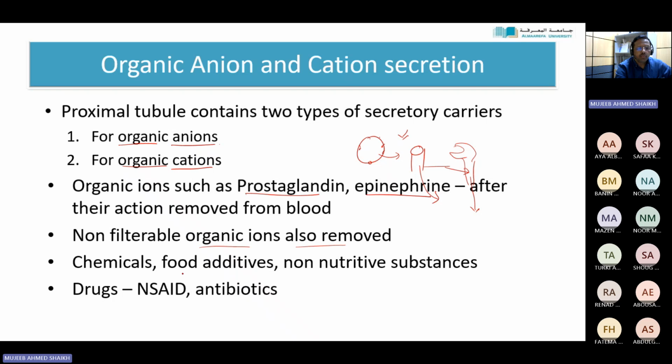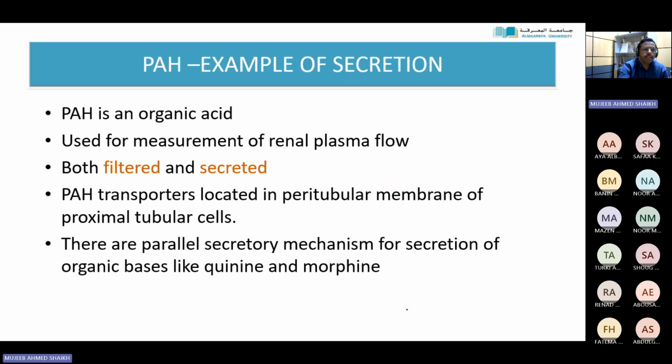Some food additives, some non-nutritive substances, and also drugs are removed from the body by secretion. After the drugs' actions are over, or some of the antibiotics, they will be removed from the renal tubule by the process known as secretion.